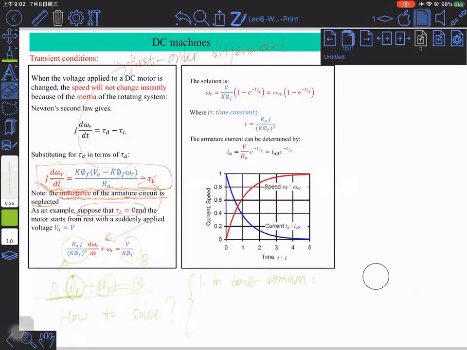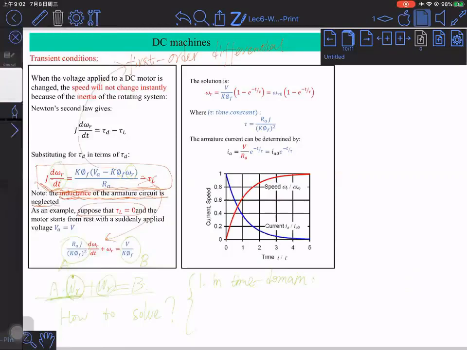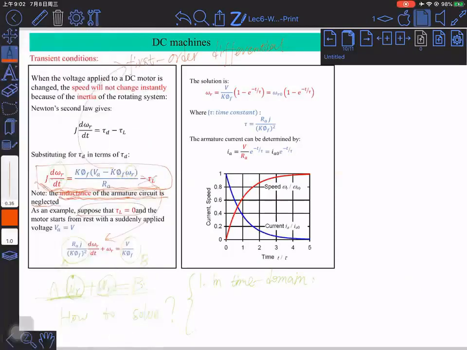So it's some sort of exponential function. If you assume that omega r, for example, equals c, a constant, times e to a power that is a function of time, you can substitute this general solution into the equation and try to figure out what c and a are.